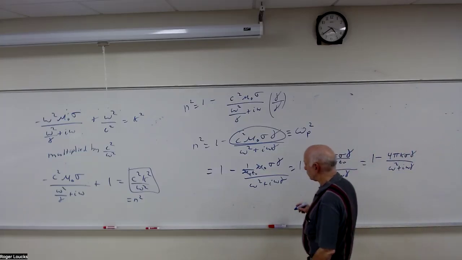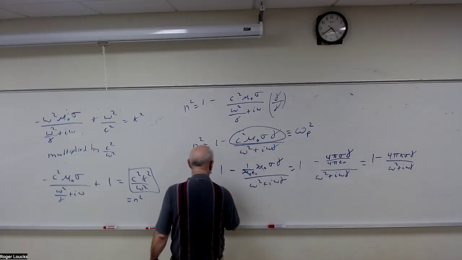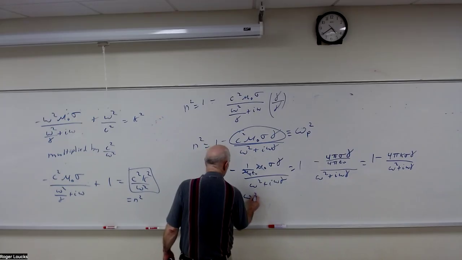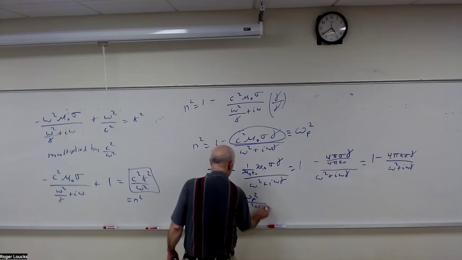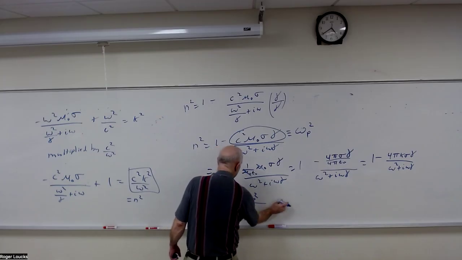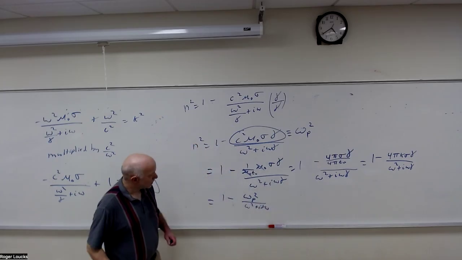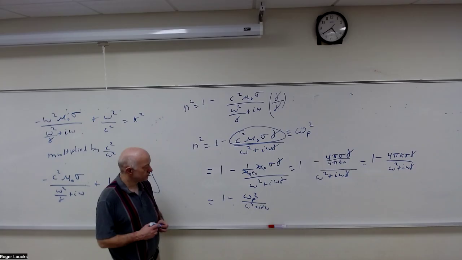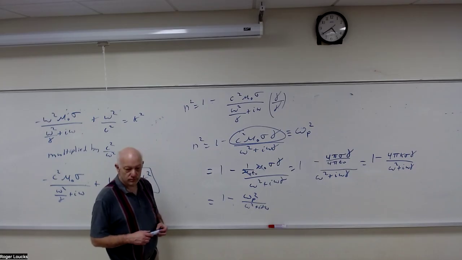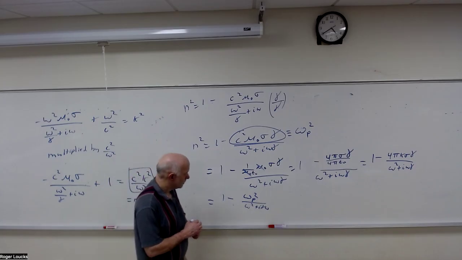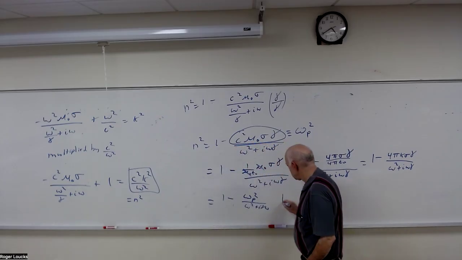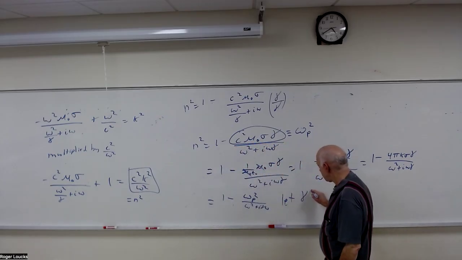Regardless, we're still going to rewrite this as 1 minus omega p squared over omega squared plus i omega gamma. Now we said something about gamma. We're going to assume that gamma is small.